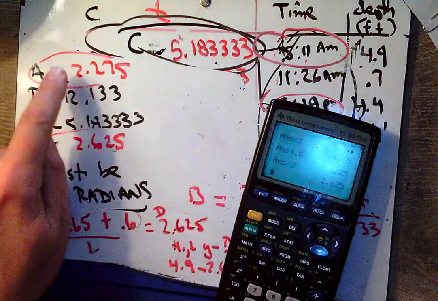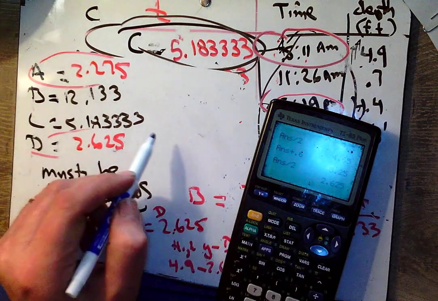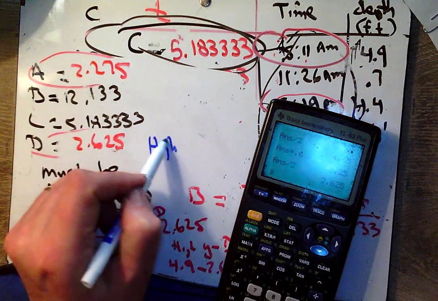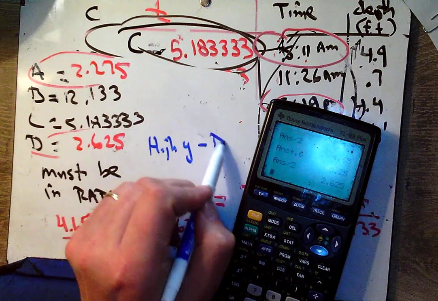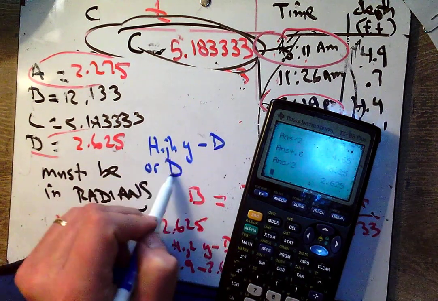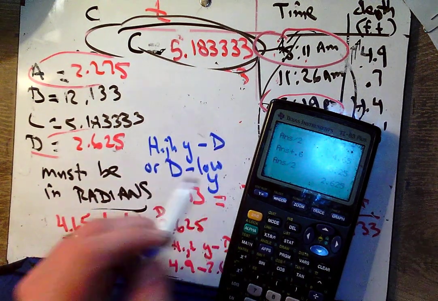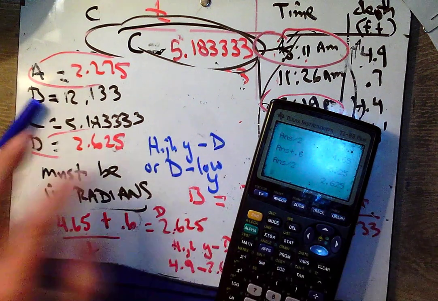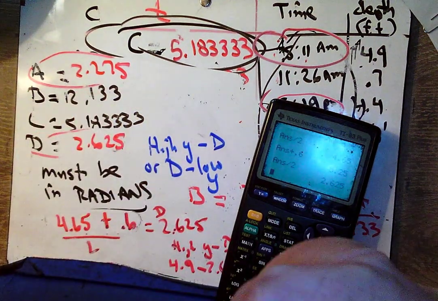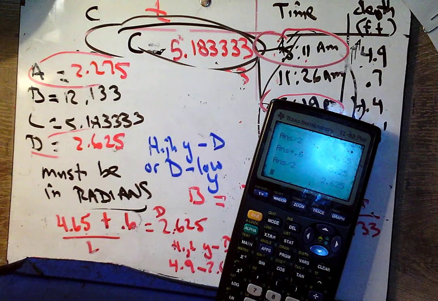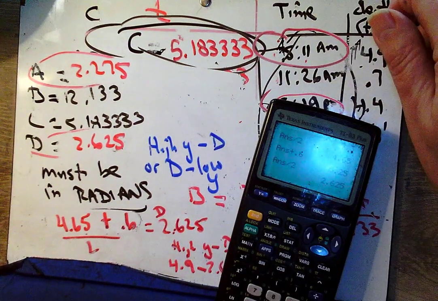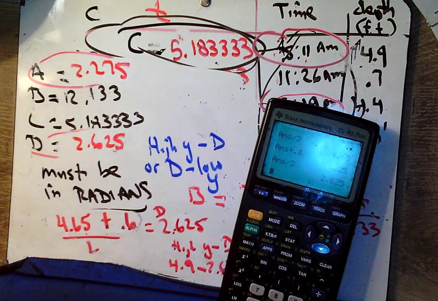Good. Now, A is always going to be high Y minus D, or D minus low Y. Well, we kind of futzed with the high Y, didn't we? We didn't use 4.9. We ended up using 4.65.